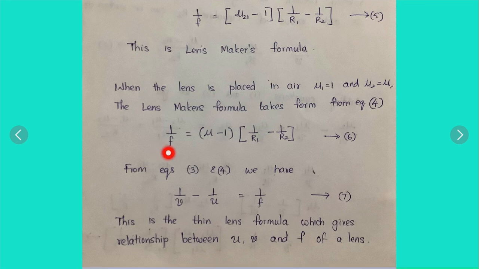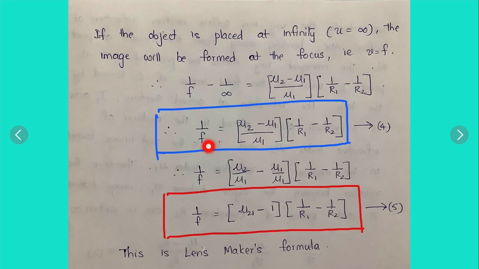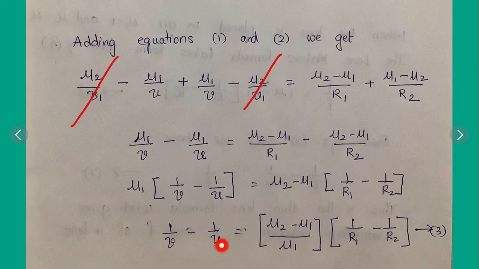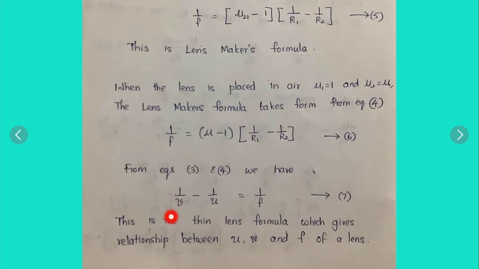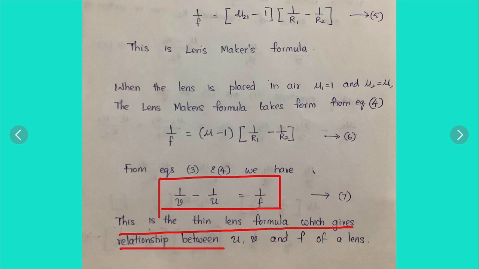LHS is 1 by f in the fourth equation, and 1 by v minus 1 by u in the third equation. Equate both of them, you will get 1 by v minus 1 by u is equal to 1 by f. So this is called the thin lens formula, which gives the relationship between u, v and f of a lens.